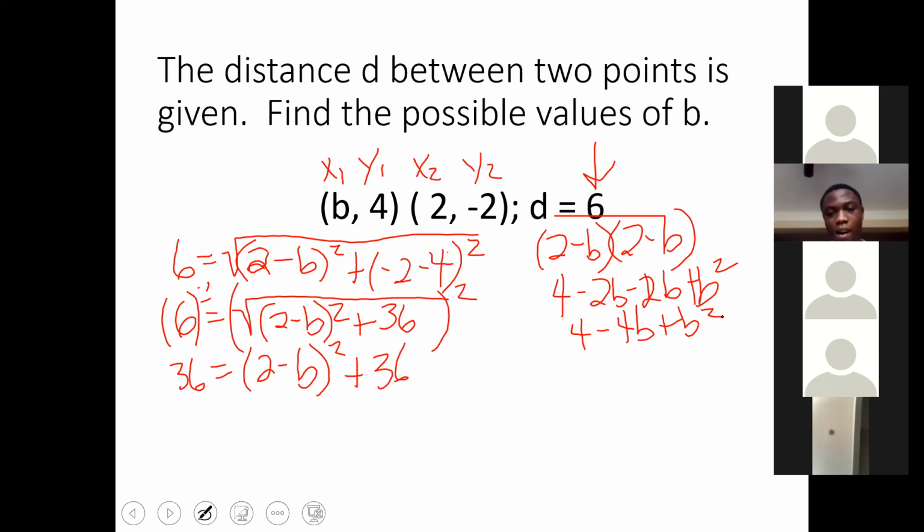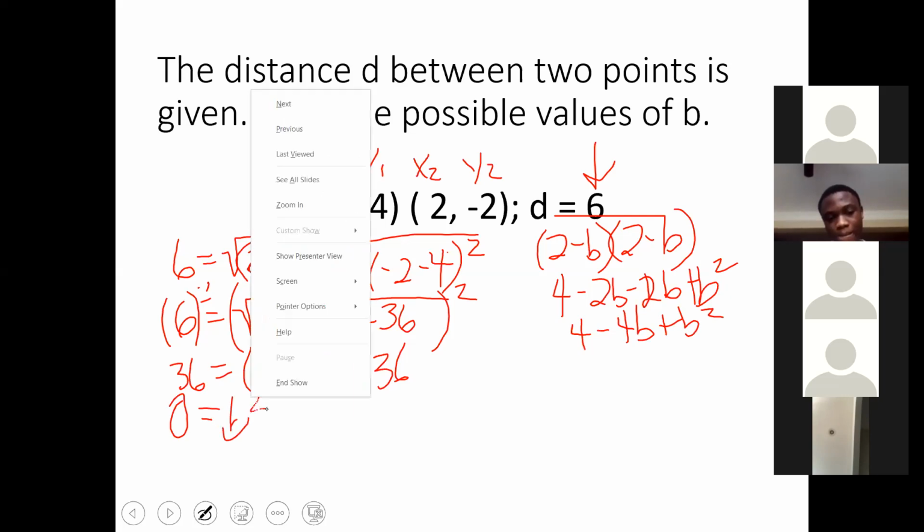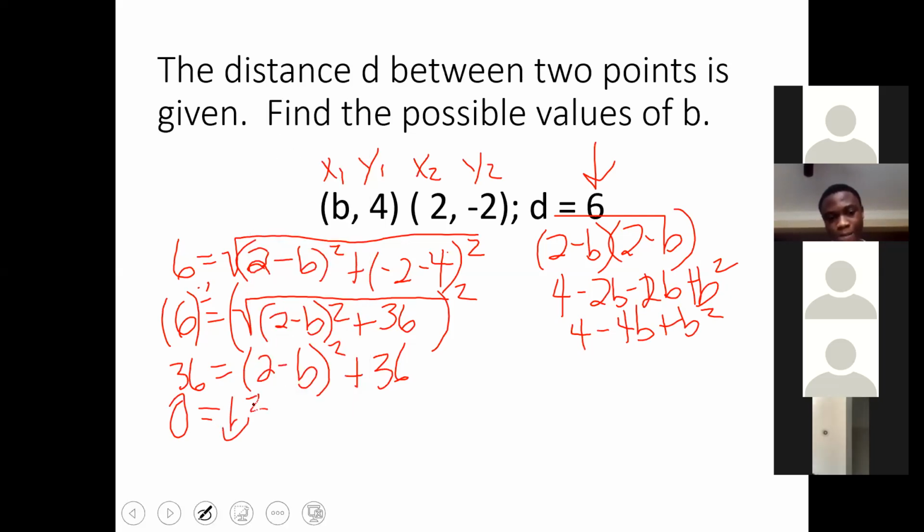So now if we rewrite this to say 0 is equal to b squared minus 4b plus 4 plus 36 minus 36.